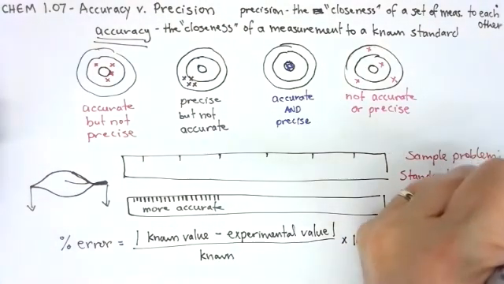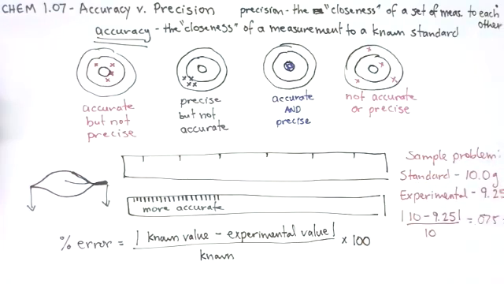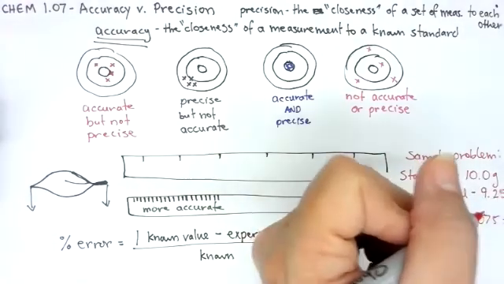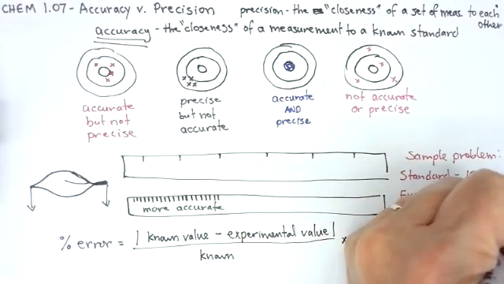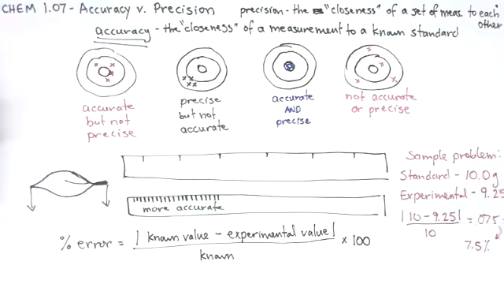So when I multiply this by 100, I get 7.5%. That means that anything I set on that scale, oops, I went off page, didn't I? So I multiply that by 100 and I get 7.5%. Anything I set on that scale has the ability or possibility of being 7.5% wrong.